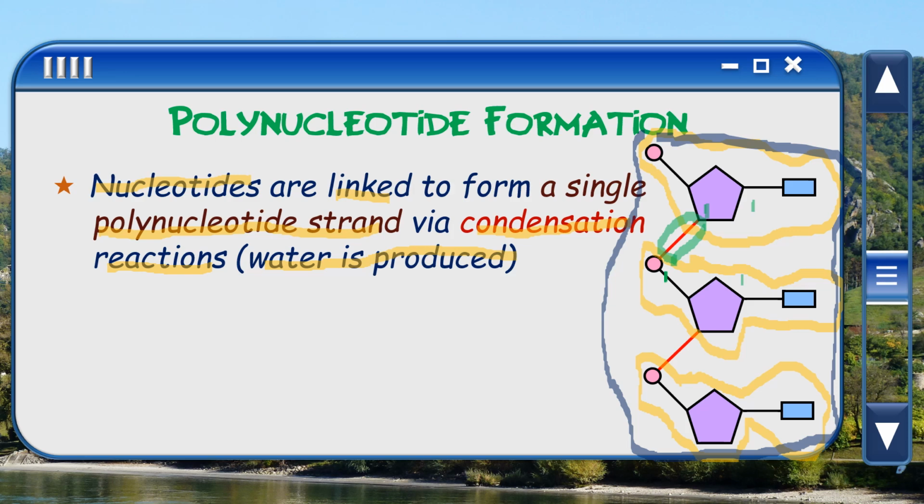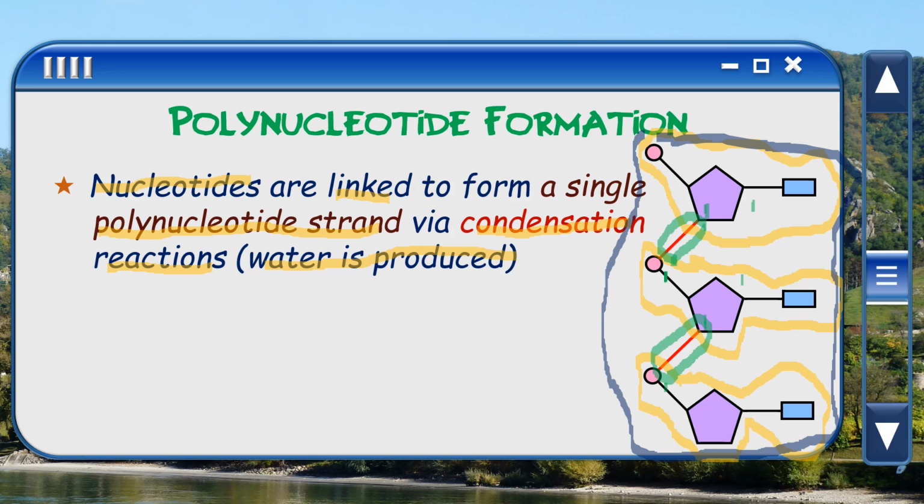And then when you look at this bond here, this carbon atom number 3 and this phosphate, which is on carbon atom 5, they are also going to form a bond. And the bond that we are forming here is going to come from a result of condensation reaction. So which means here we shall also lose a water molecule.